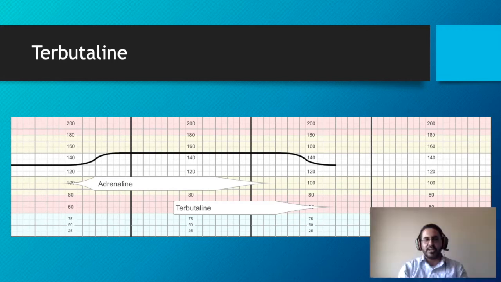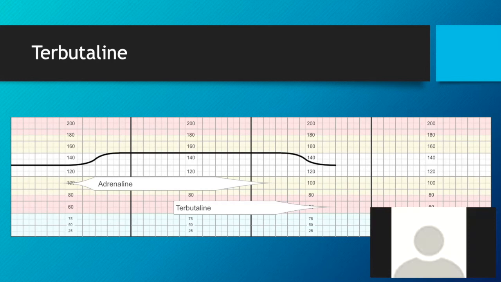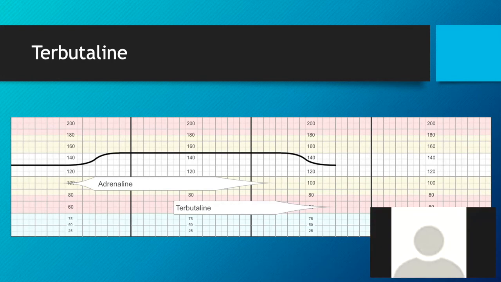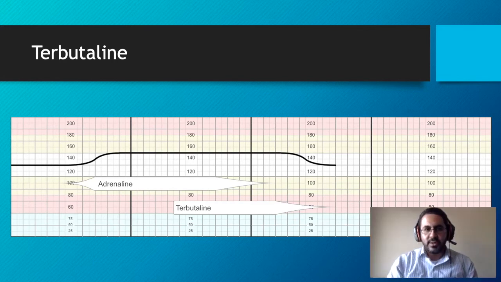Does that make sense? Yeah. And as I said, once the terbutaline wears off, and that usually takes about 2 hours, then the baseline will come back to where it was supposed to be. That's just a long 2 hours of faith that it's not going to go up. No, I mean, you are going to be observing anyway. Yeah.